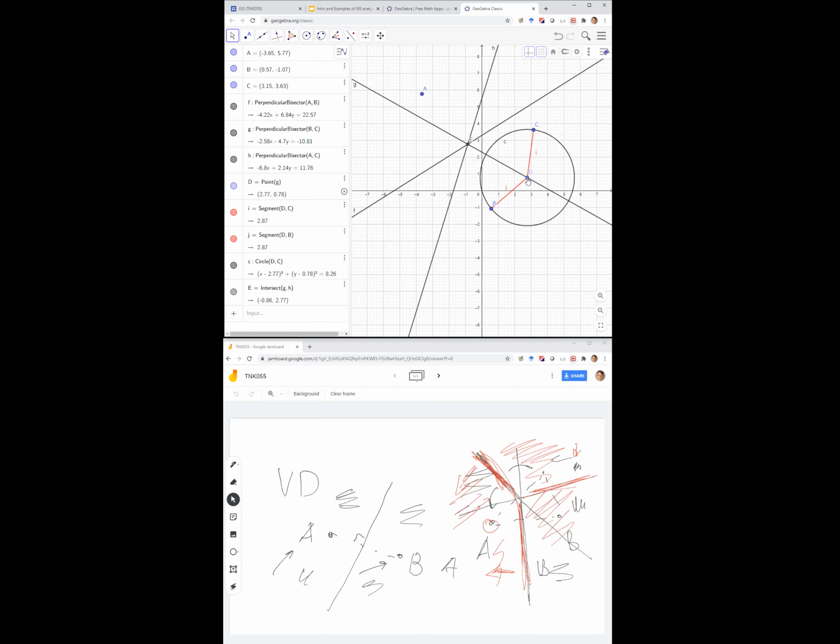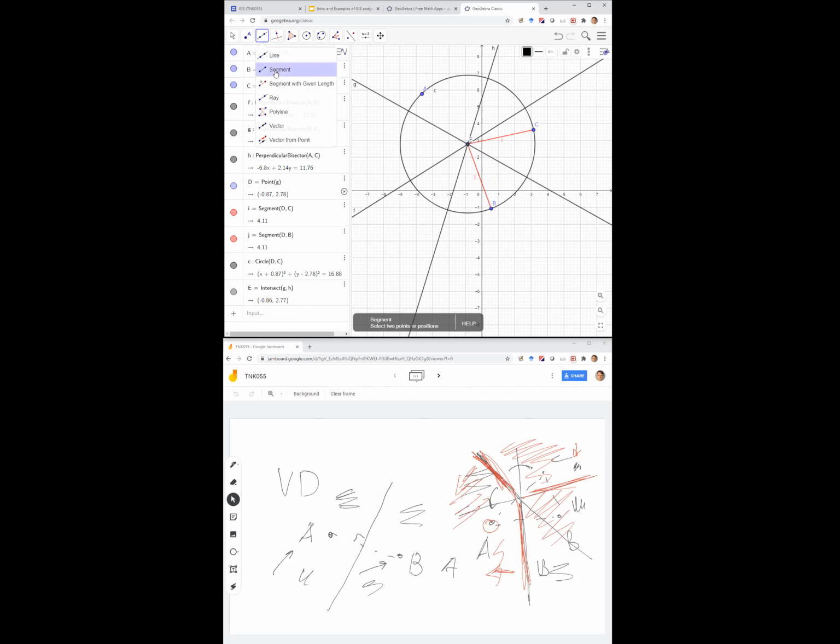If I now move the center of this circle onto this point, there you go, the circle goes through A. And that's exactly this Voronoi vertex. So this circle is the Voronoi circle and its radius is the Voronoi radius. So this point is equidistant from the 3 points, from A, B, and C.